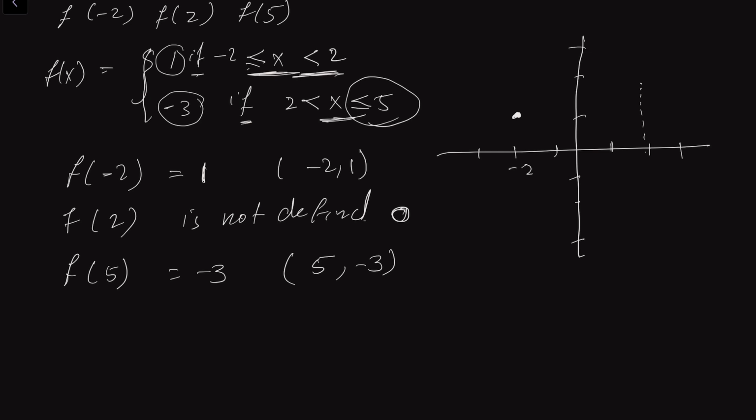We can just make an imaginary line here. Then at 2, the y value is undefined. Okay, and then the second point is 5 and negative 3. So 5 and negative 3. That's known.